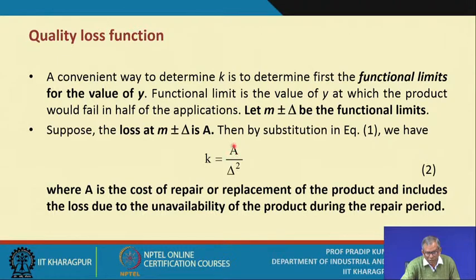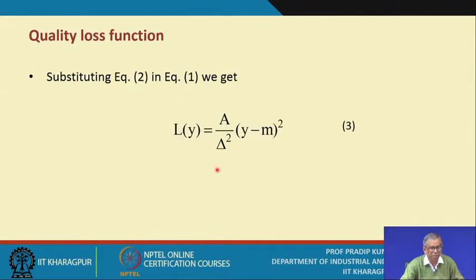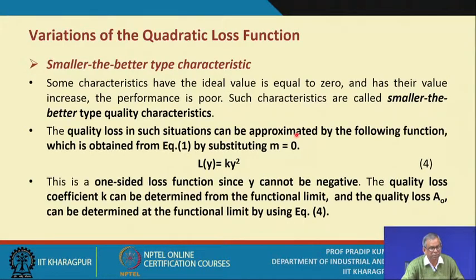So when capital A is known and the deviation, that is the functional limit, is also known, you can obtain an expression for small k, the proportionality constant. So the expression for loss becomes capital A divided by capital delta square into (y minus m) square. So this is the quality loss function.